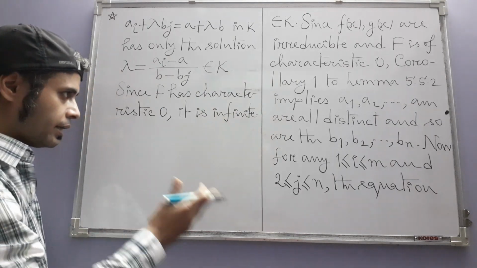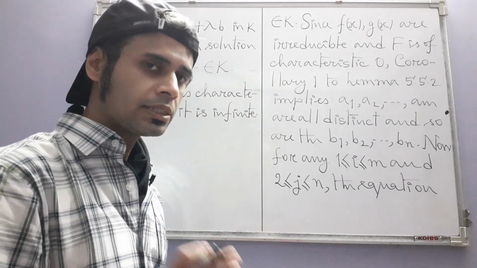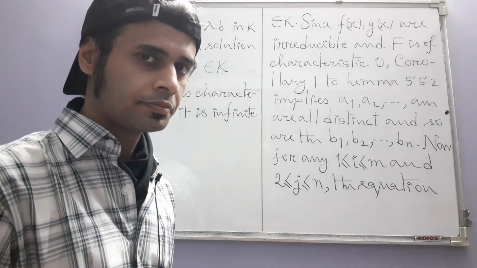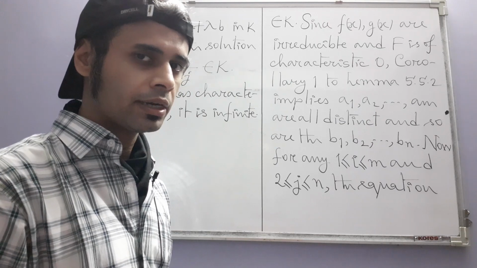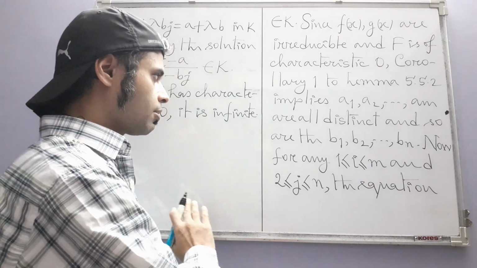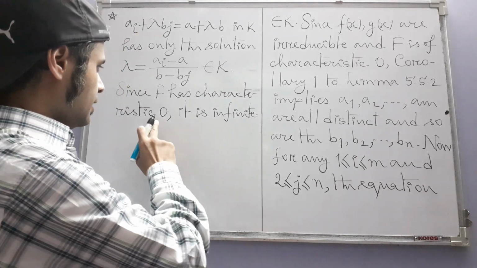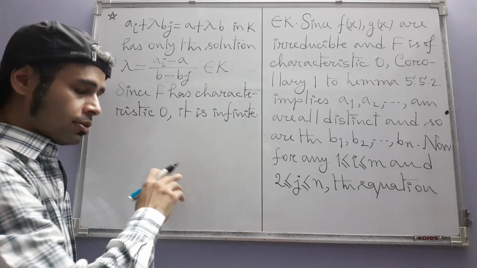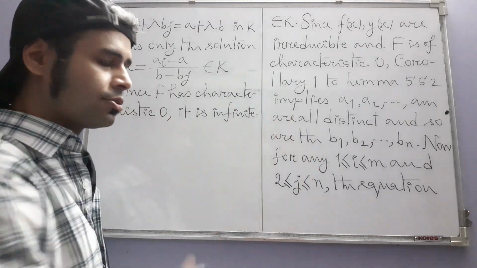As a set, the field must be infinite, because finite fields always have finite characteristic. There are infinite fields also which may have finite characteristic, but finite fields always have finite characteristic. So if the characteristic is 0, then the field has to be infinite.